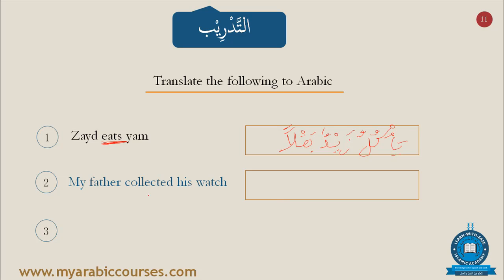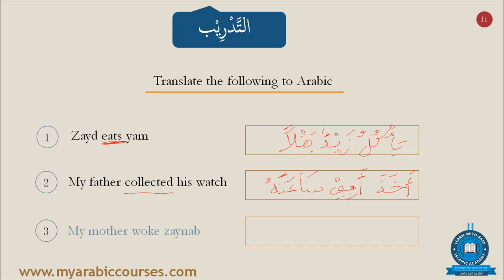Collected is a past tense verb, so I'm going to use أخذ here. أخذ, he took or he collected. My father is Abi. Then the watch is ساعته. The ساعة is the noun that takes the fatha as the object.